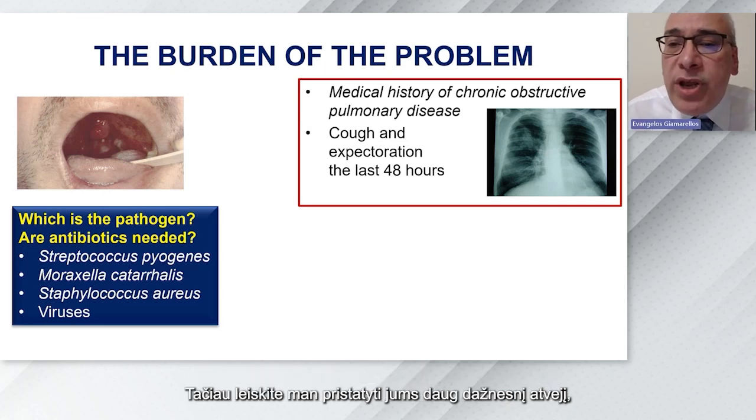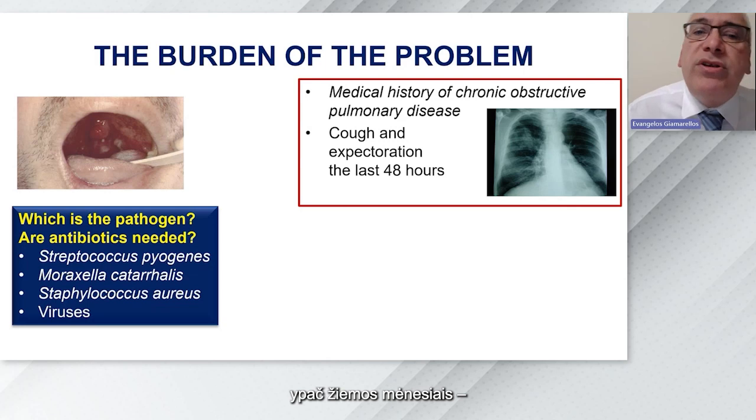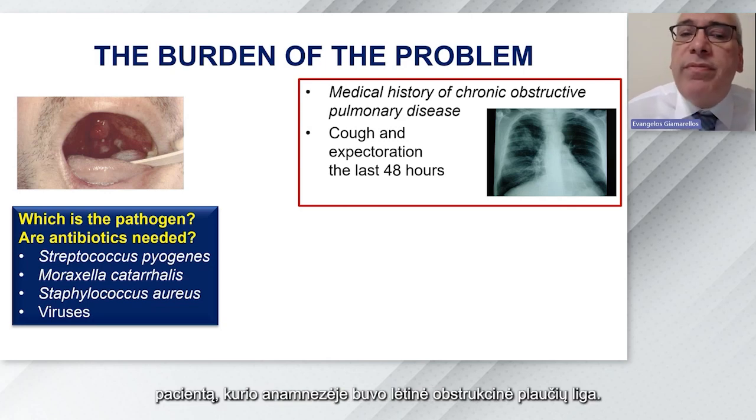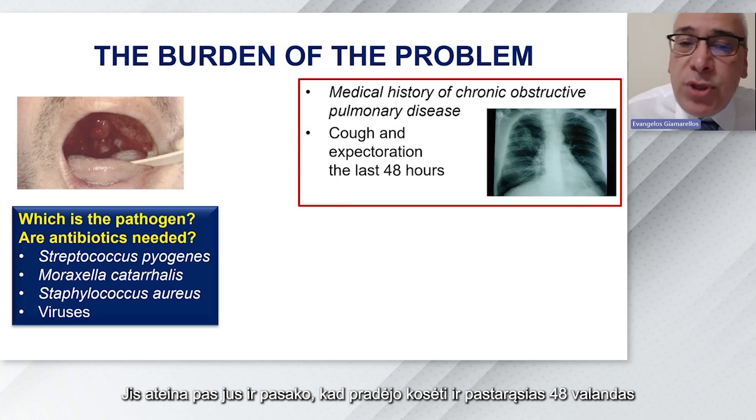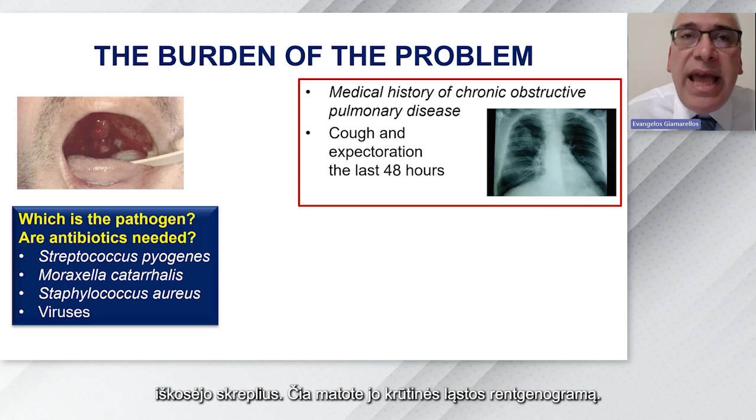But allow me to bring you to something which is much more common, particularly during the winter months. A patient with a medical history of chronic obstructive pulmonary disease comes to you and tells you, I have started coughing and have sputum for the last 48 hours. And this is his chest x-ray.